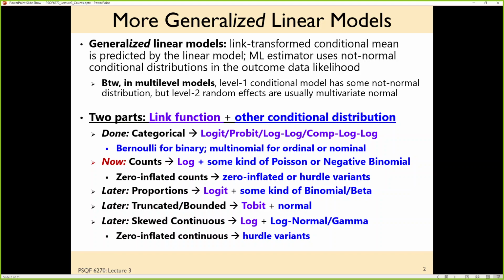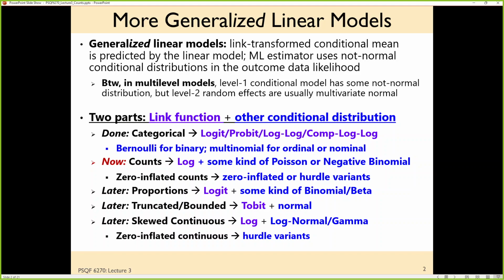Remember the submodels? How they divide up the categories differently? So the idea of the submodels being like 0 versus 1, 2, 3, 0, 1 versus 2, 3, or 0 versus 1, 0 versus 2, 0 versus 3, those are 2 different kinds of submodels, right? That's how. It's the link function.